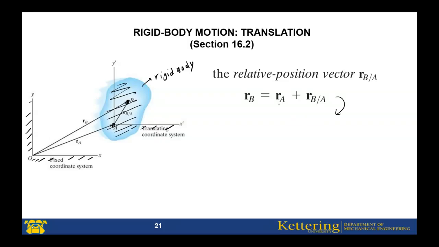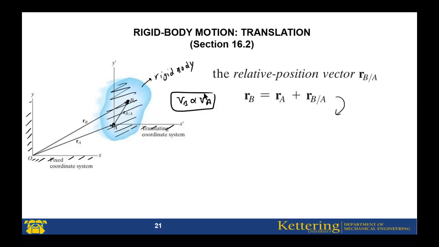Next, I want to relate the velocity of B with the velocity of A. How can we relate the velocity of A with the velocity of B? I have the position equation.